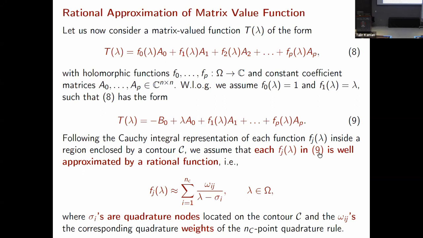And of course, if we select a set of contour integrals that is going to capture quite accurately each of these coefficients, we can hope to build some nice representation, or what we call a different type of rational inspired linearization.